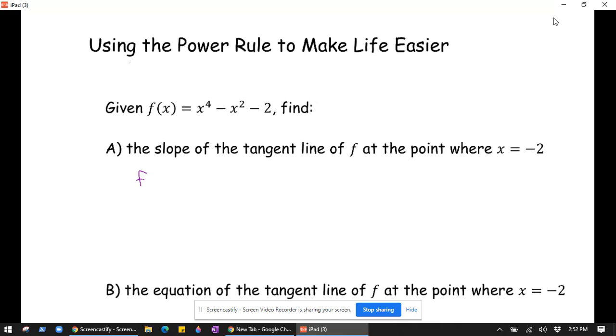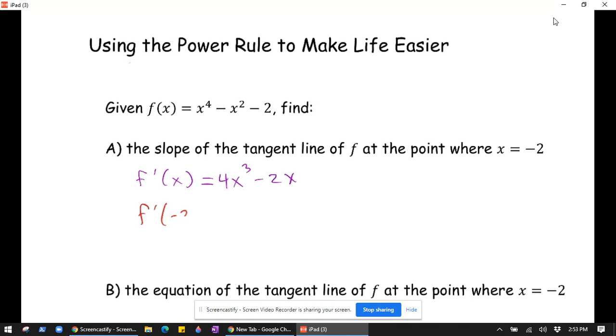So in order to do this, we need to note that f prime of x, according to the power rule, is 4x cubed minus 2x. The derivative of -2 is 0 because it's a constant. So now we have our derivative, and now we evaluate it at x equals -2.